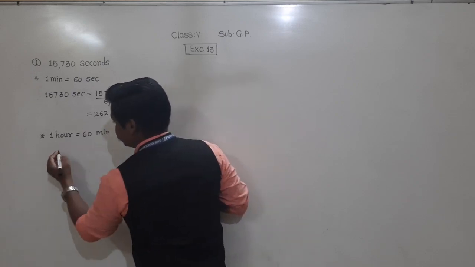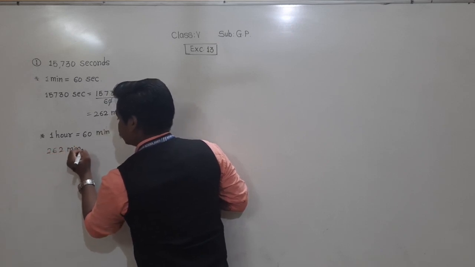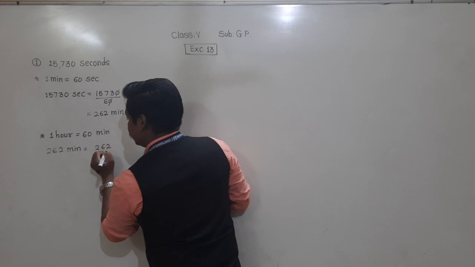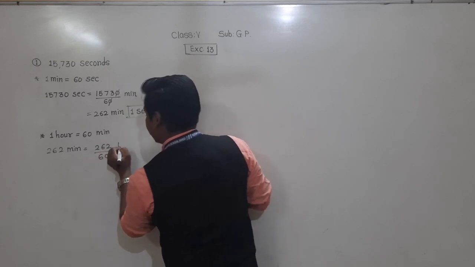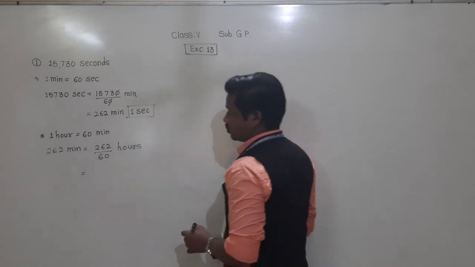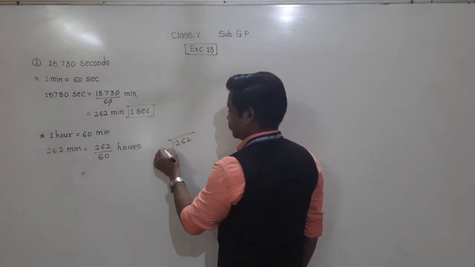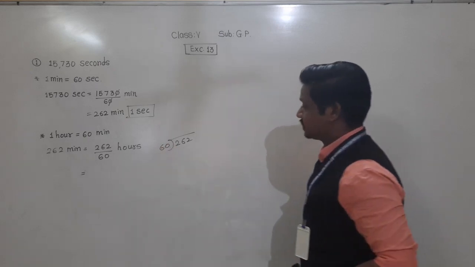Okay, so now 262 minutes is equal to 262 upon 60 hours. So let us divide 262 by 60. You know the table of 6.